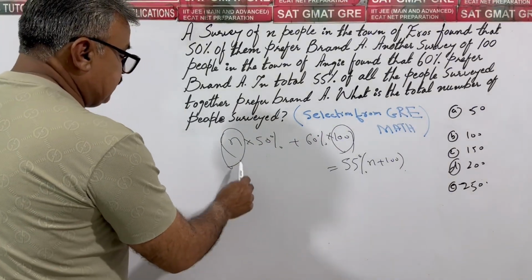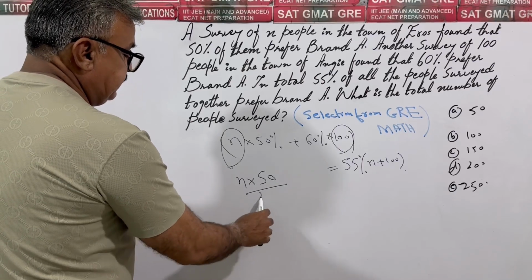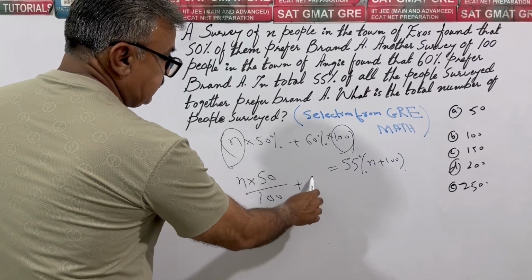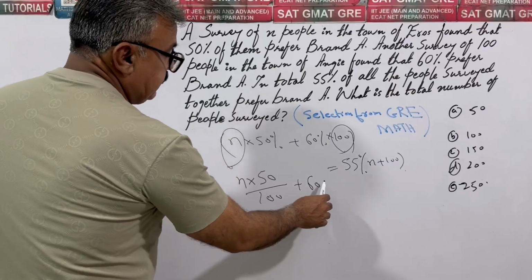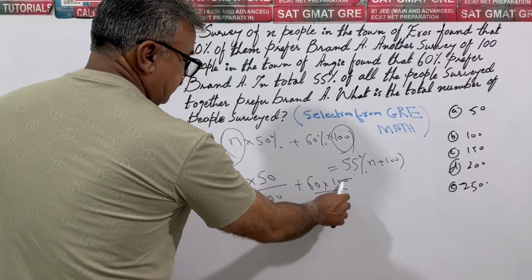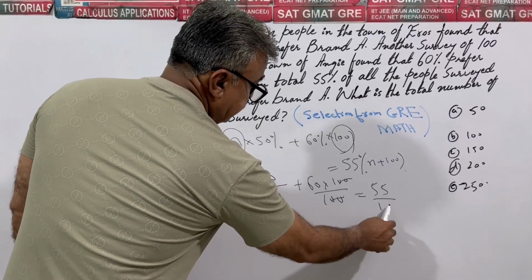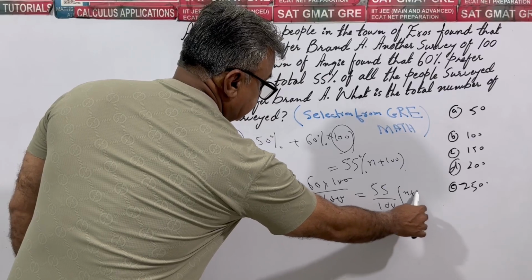Now it's a simple calculation. To remove the percentage, divide by 100: 60% divided by 100, and 55% divided by 100 times N plus 100.